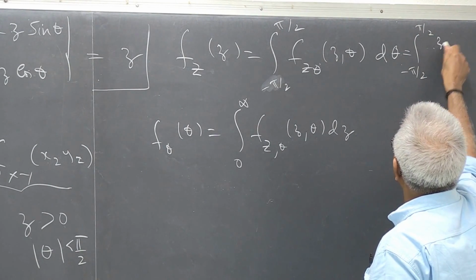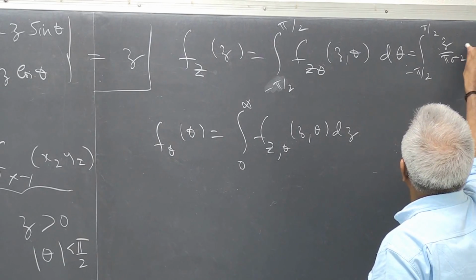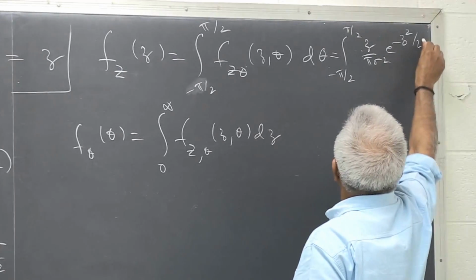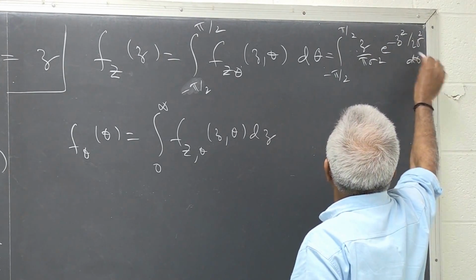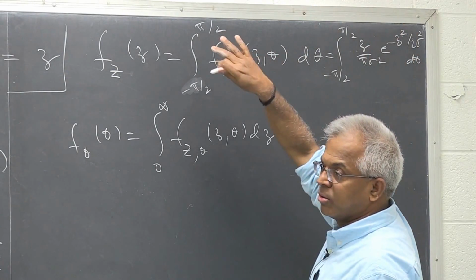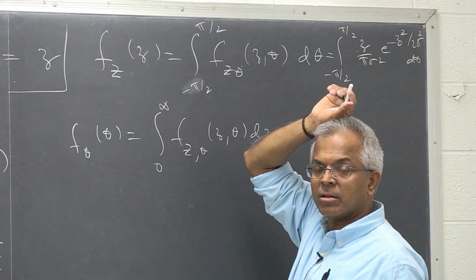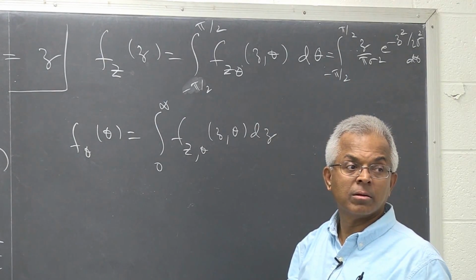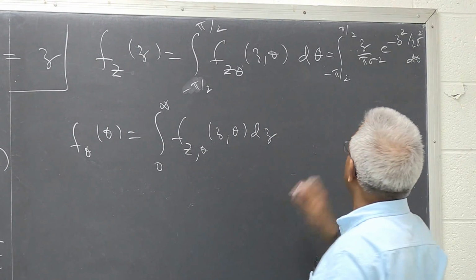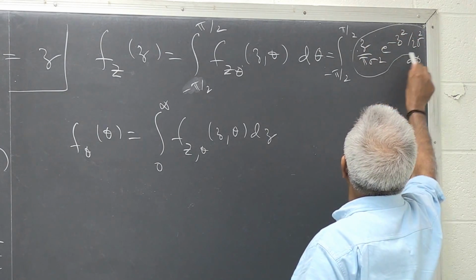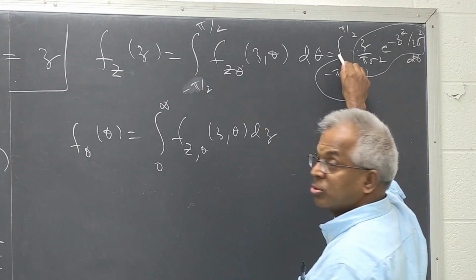The answer here is z over pi sigma squared e raised to minus z squared over 2 sigma squared d theta. I don't see any d theta, so this whole thing goes outside. What is the value of the integral? Anybody? Hold on. This is independent of theta, so that goes outside.